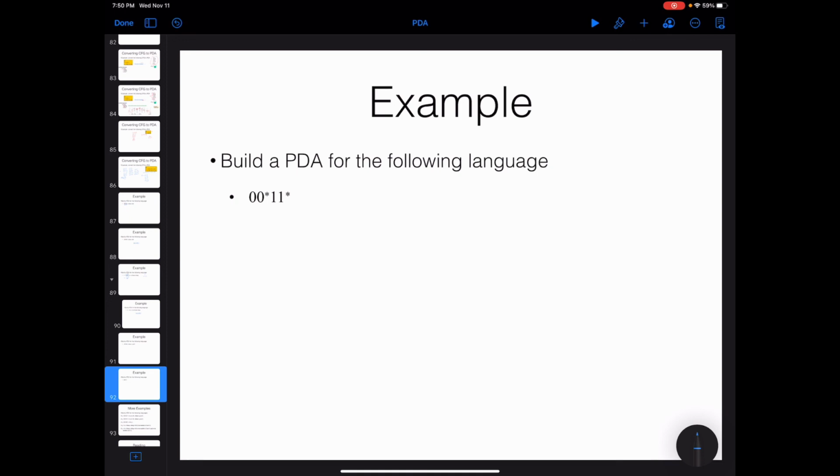Every finite state machine that you design is going to be a valid pushdown automata as well, because it's just like you have a finite state machine and you have a stack, but you are not touching the stack. You are not pushing or popping anything from the stack.